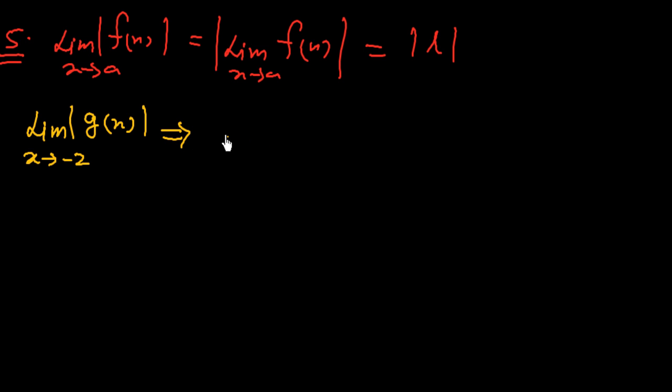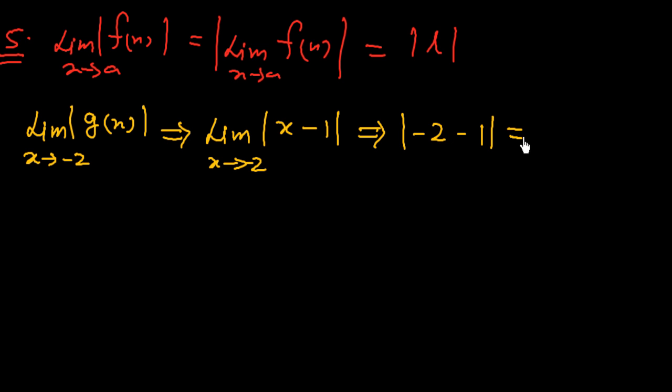It implies limit x tends to minus 2, mod of x minus 1. So you see here, if we put these values, we get it is minus 2. So we put here minus 2 minus 1. So we get here mod of minus 3, which is 3.